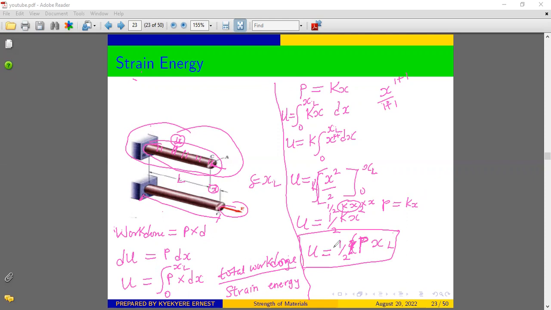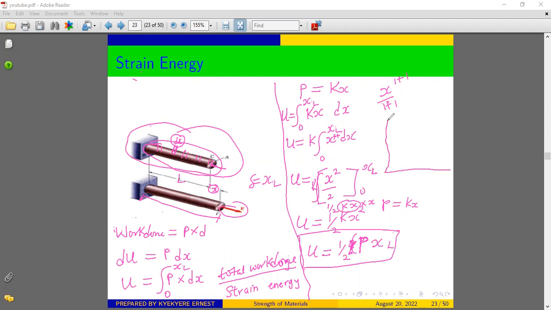Good. And this strain energy is equivalent to the area under the stress strain curve.